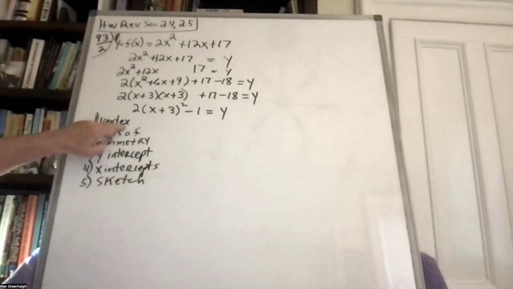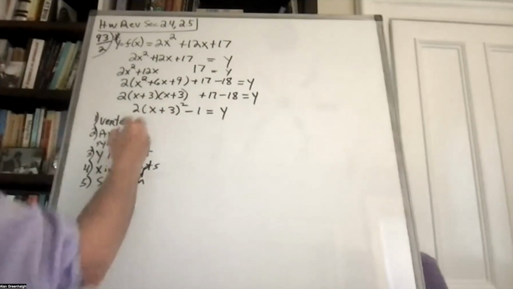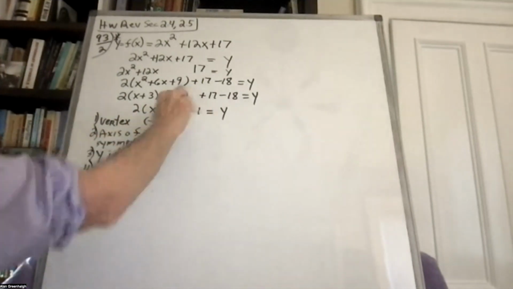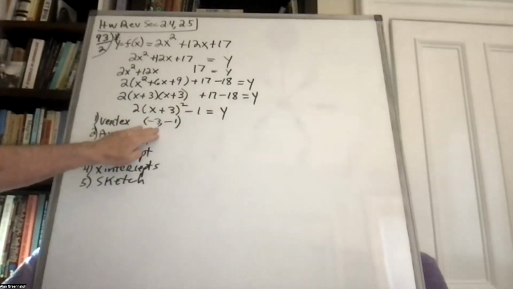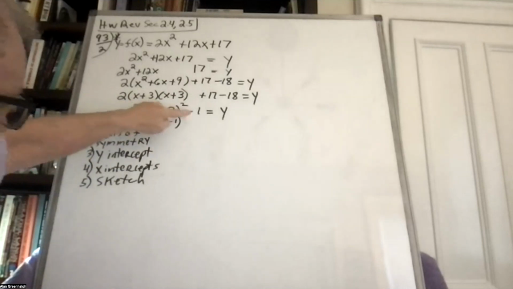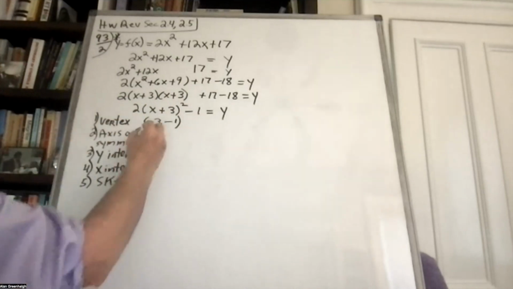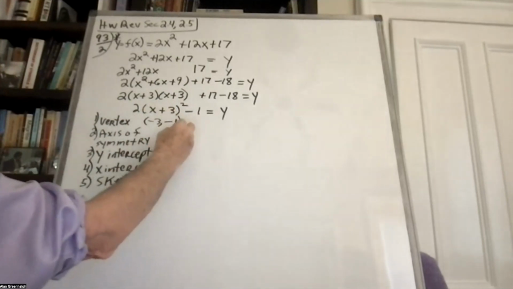Nonetheless, the vertex will be the opposite of positive 3, which is negative 3, and negative 1. The axis of symmetry is equal to x equals negative 3.